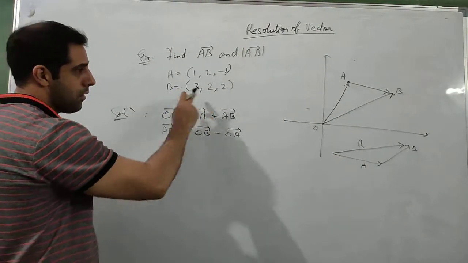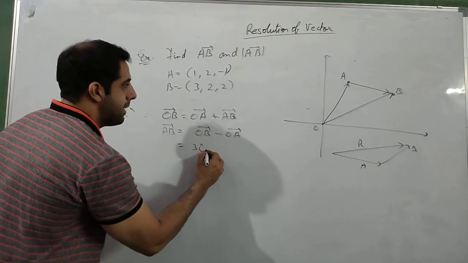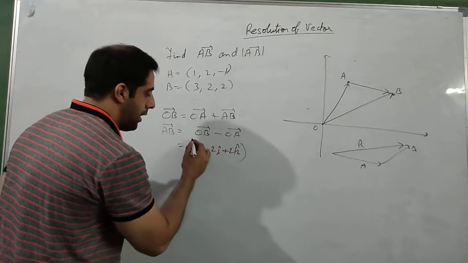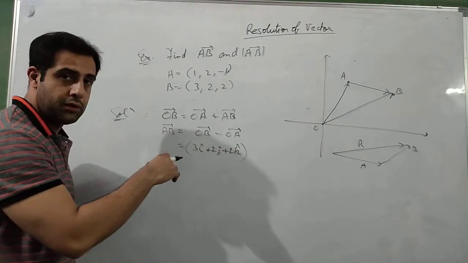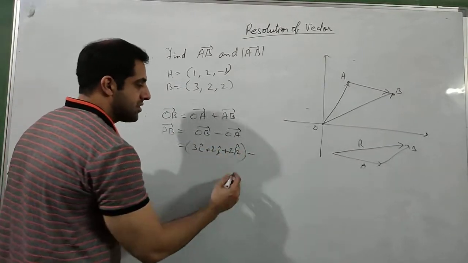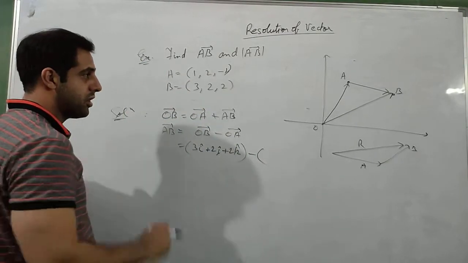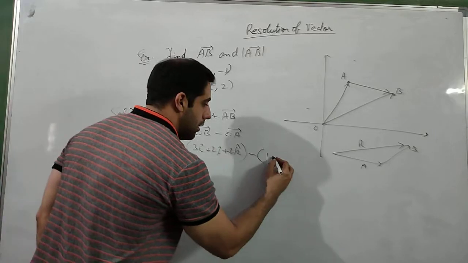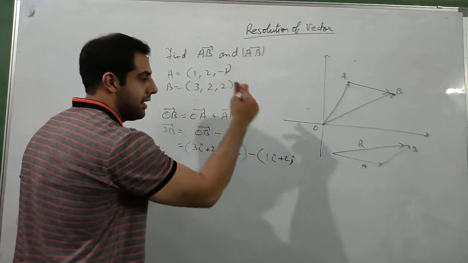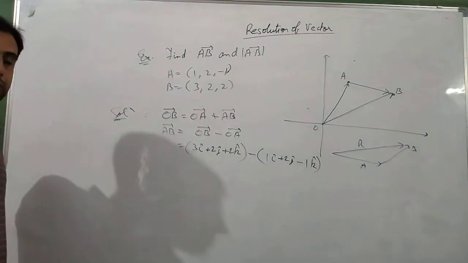OB will be the coordinates of B, which is 3i cap plus 2j cap plus 2k cap. If you are not able to understand this, refer to the previous video again. Make sure it is clear because it is very important. Minus OA, the position vector of A, so i cap plus 2j cap, and it is a minus sign here, so minus 1 k cap.